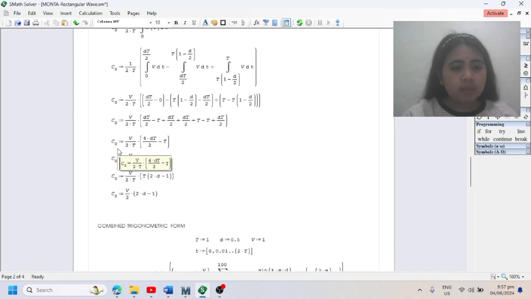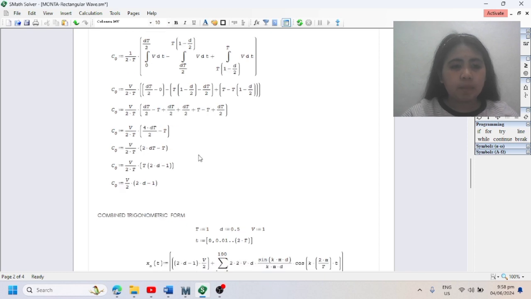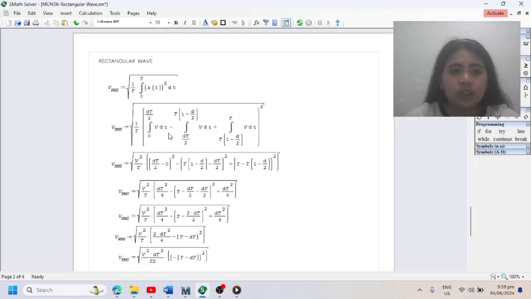And now, c sub 0 is equal to V over 2T times 4 dT over 2 minus T. And upon computing, the result now is c sub 0 is equal to V over 2 times (2d minus 1).